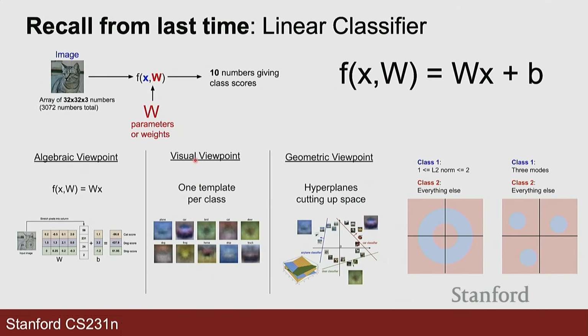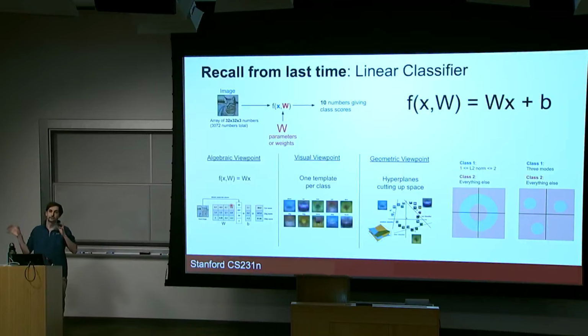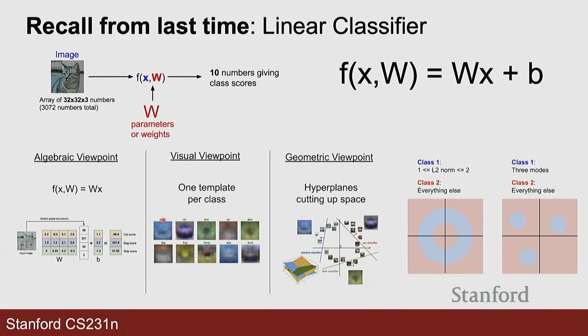You can also view these learned class weights as templates, where if we re-ravel the vector into the original shape of the image, we could plot the intensities here and understand what the template per class is, which is what this visualization represents.